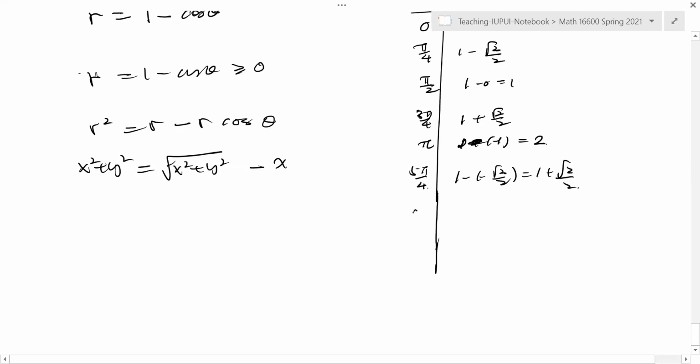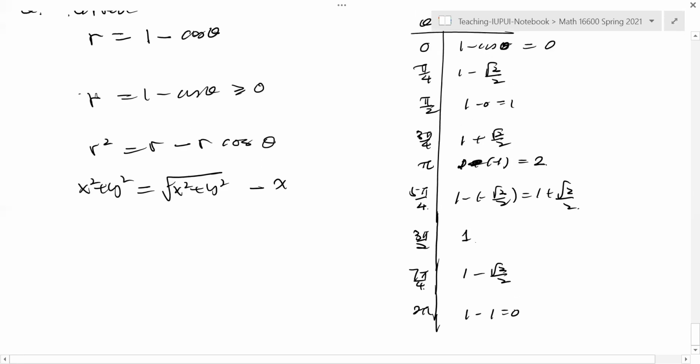And then that will be 3 pi over 2, 270 degrees, so cosine is going to be 0, so it's just 1. And the next one will be 7 pi over 4, so this is 1 minus square root 2 over 2, and you come back. 1 minus 1 is 0. So those are the numbers you're going to get.